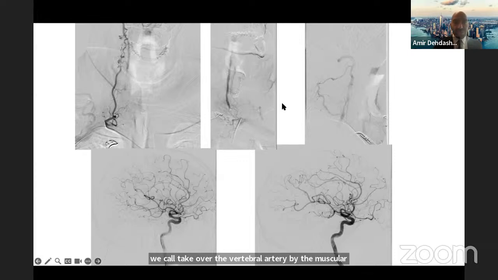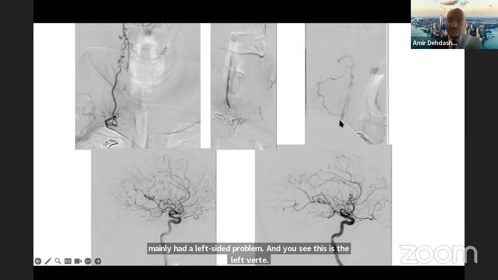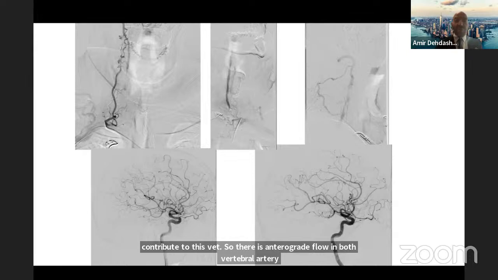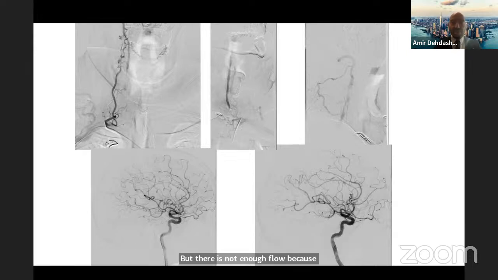This is on the right side, but the patient also has a left-sided problem. You see this is the left vert, the origin is occluded, but there again, a muscular branch comes up and contributes to this vert. So there is anterograde flow in both vertebral arteries, but not enough flow, because he is having a major stroke and has symptoms of VB insufficiency.